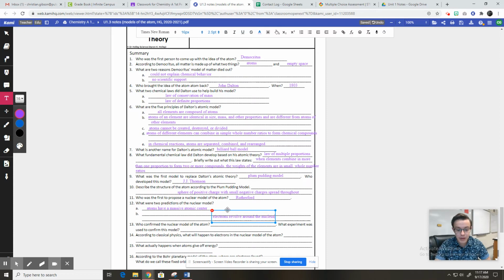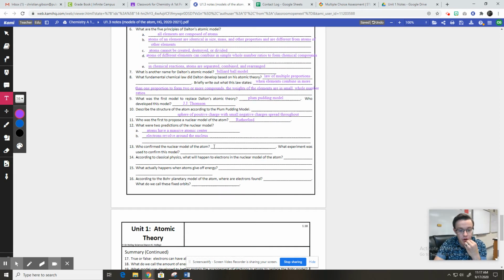So he was pretty close to a good, accurate model of the atom, a lot closer than the plum pudding or Dalton's model. Now, the only issue is he couldn't explain the behavior of those electrons, specifically how they revolve, and he didn't know what the particles were in the nucleus.